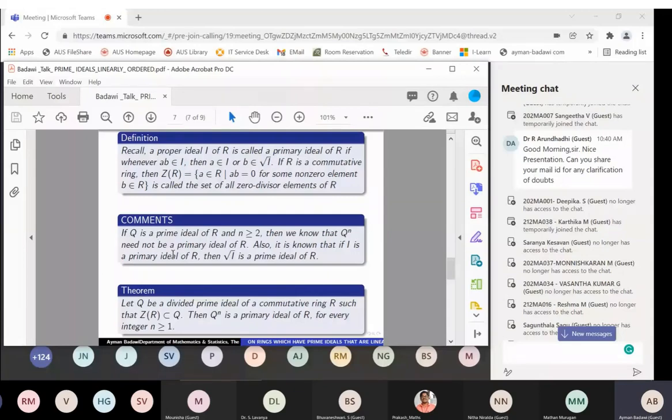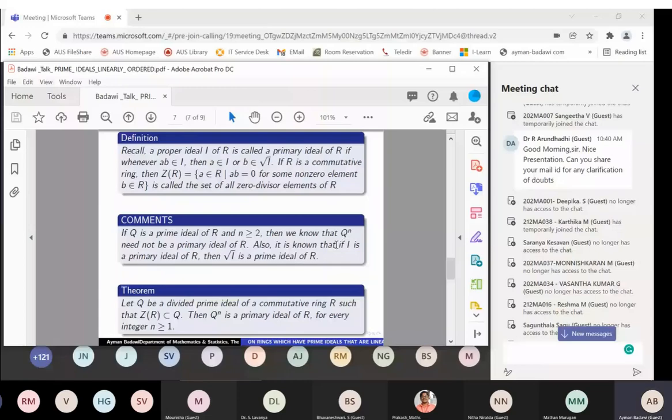Because if Q is a prime and you take the ideal Q to the power n, then the radical of this ideal Q to the n will be Q. So the question was, will it be primary or not? As I mentioned, this need not be true in general.